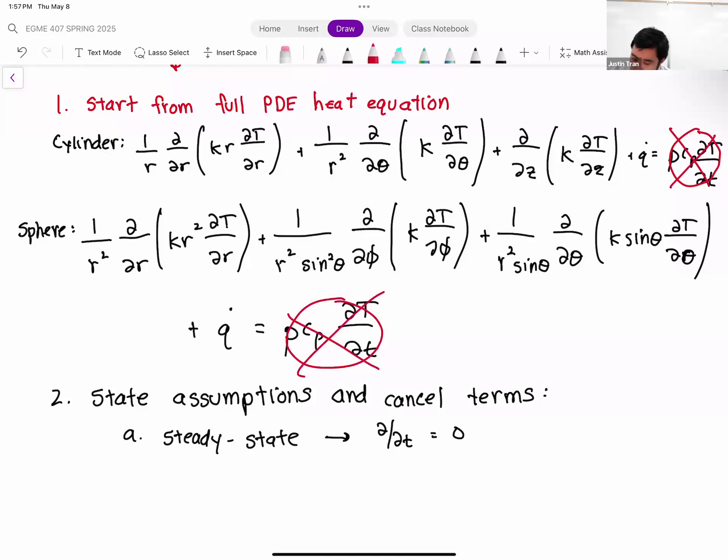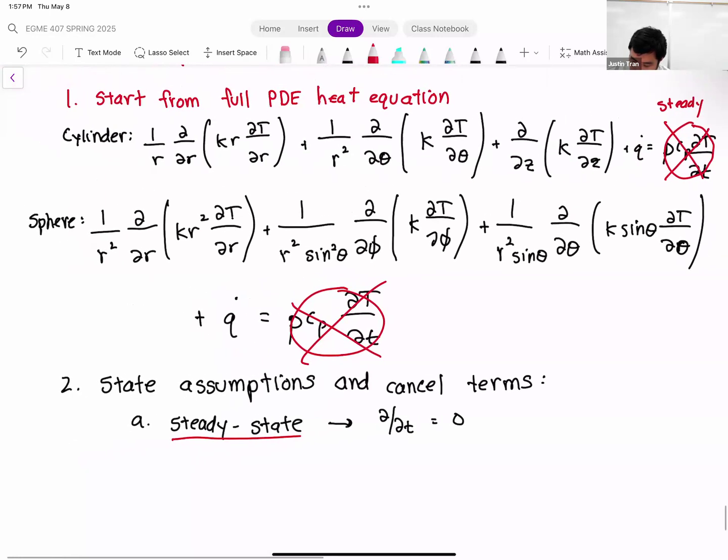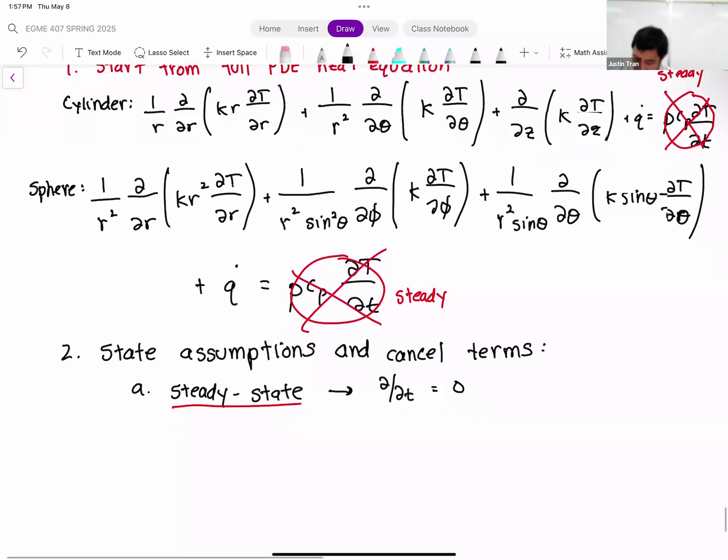And so you're going to cross out these two terms for the steady state assumption. So that's always the first assumption that you're going to make.